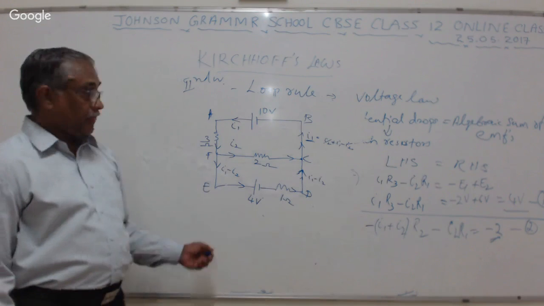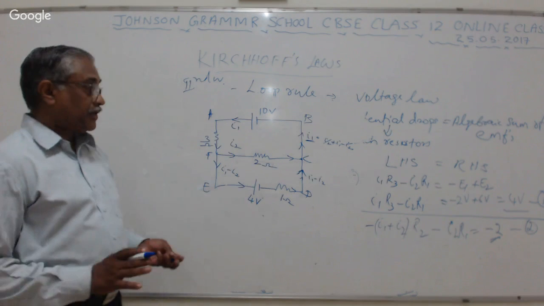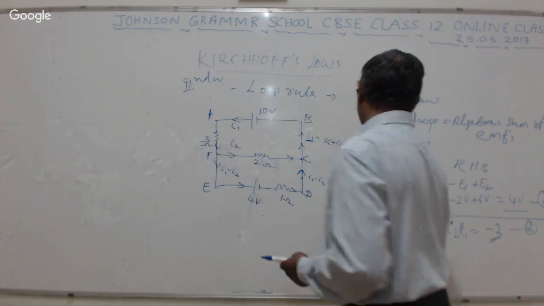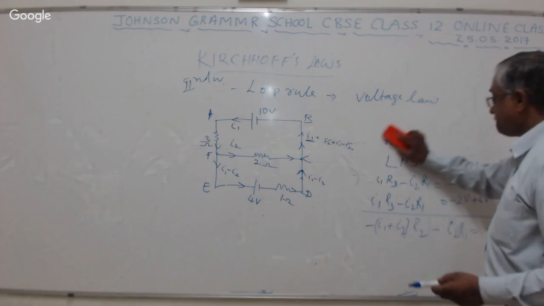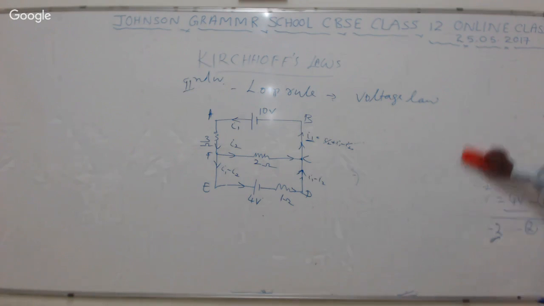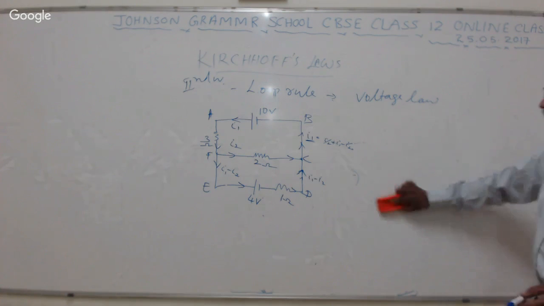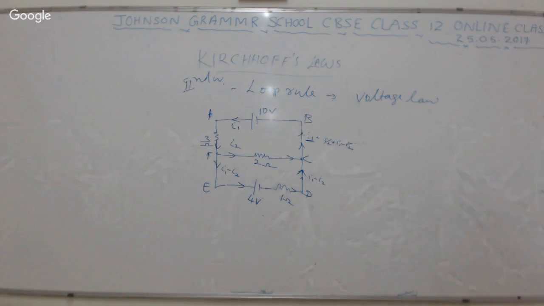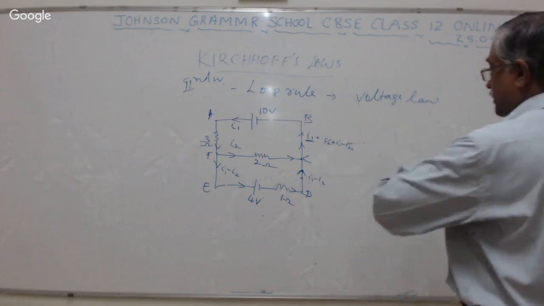So is that clear? So how to give the direction and how to make equations now. Let us see how to make the equation there. We require a minimum of two equations.